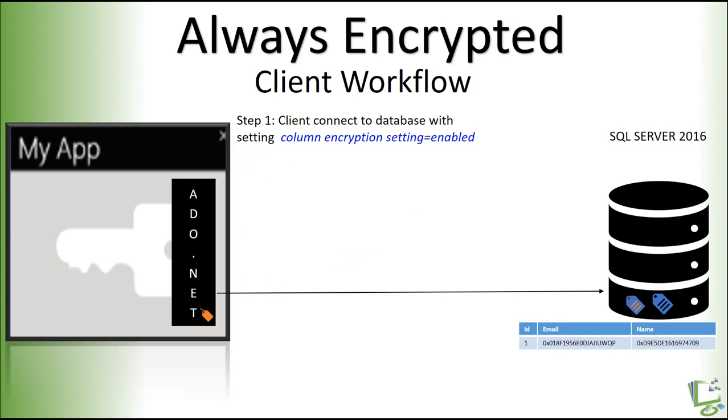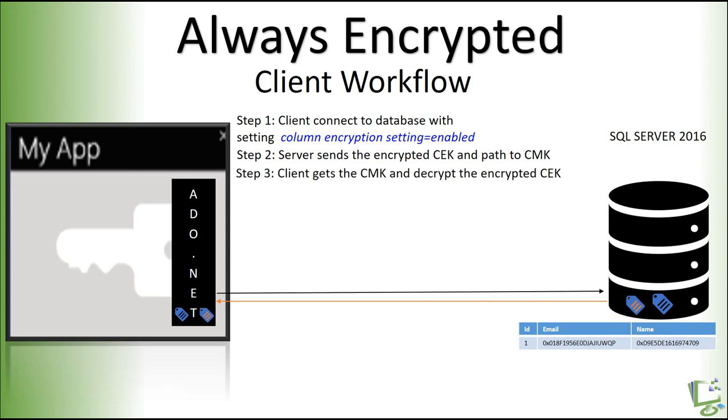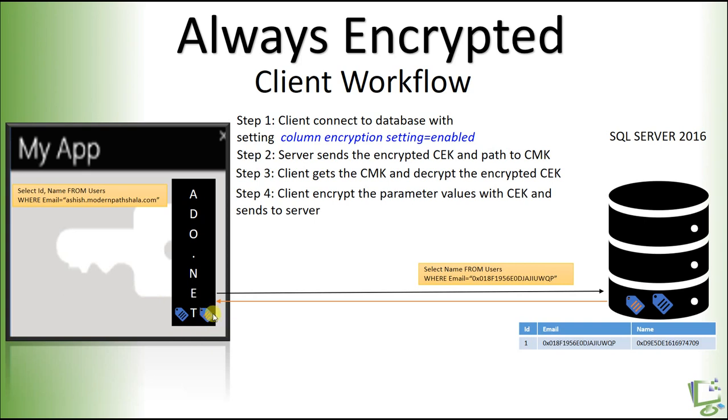When the client application connects to SQL Server with Column Encryption Setting equal to Enabled, SQL Server returns the path of the CMK and the encrypted CEK back to the client. Now the client application retrieves the stored CMK from the trusted location and decrypts the CEK.